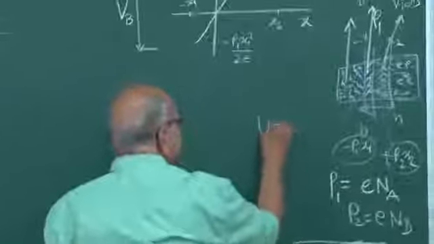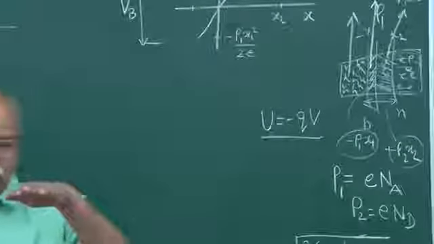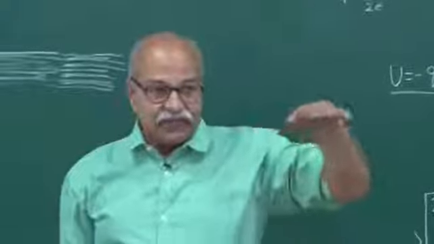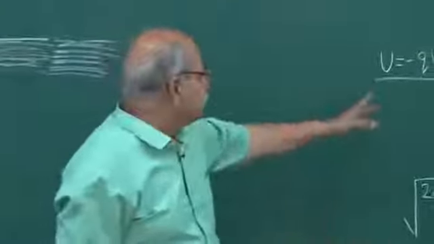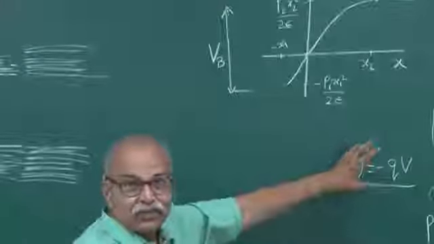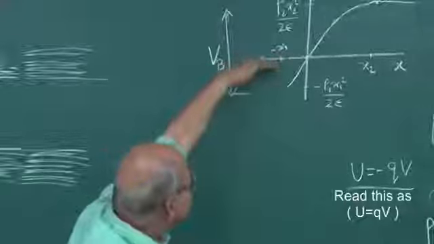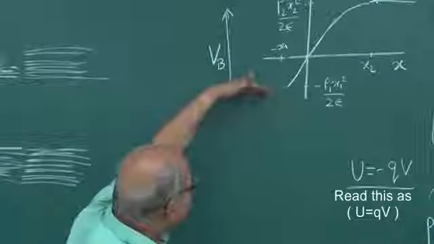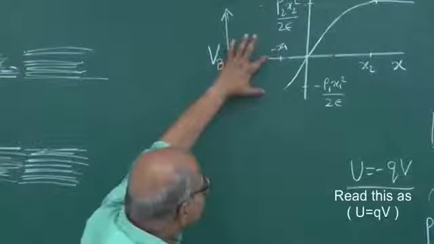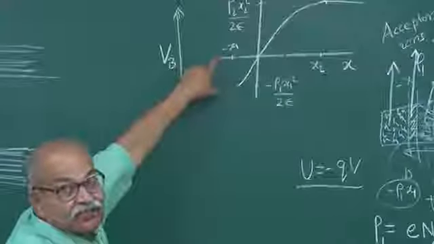Energy is Q times V. So if you have an energy level somewhere and then this extra energy is imposed, that much shift will be there. So since the potential here has gone down, the energy will go up, each energy level will go up by Q times this much of amount.